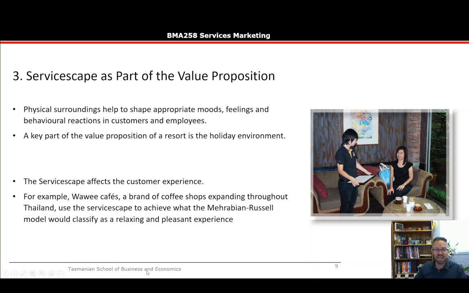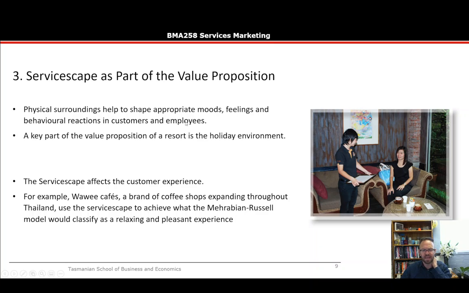Right, now, servicescapes are also themselves part of the actual value proposition. So physical surroundings help to shape the appropriate moods, whether you're feeling happy or sad, whether you're feeling excited or bored. So feelings, behaviour and reactions in customers as well as their employees. So we're in marketing, so we often think about customers, but because we're in services marketing, it's incredibly important that we think about employees, because they're actually the product that we're delivering, part of the value proposition themselves, right?